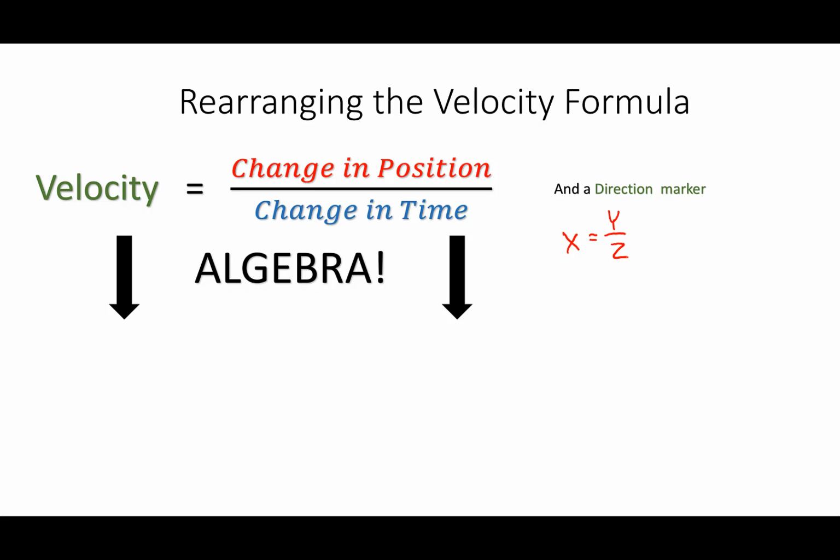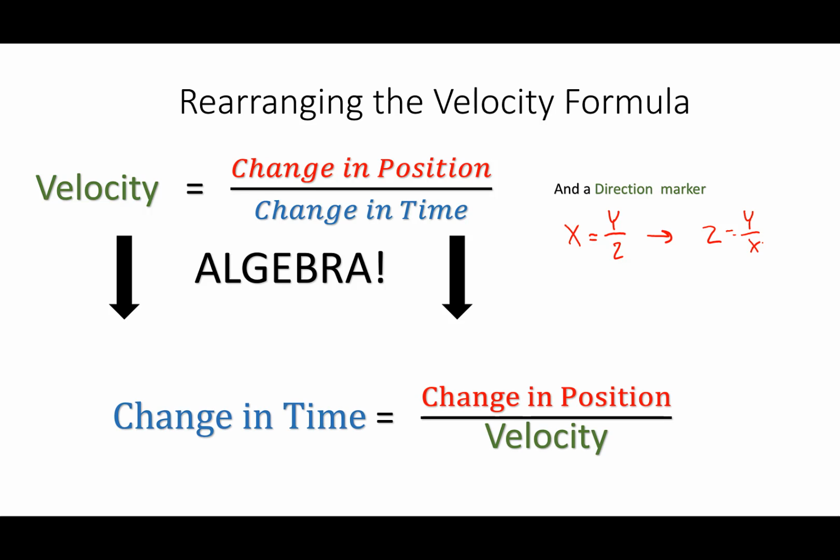And you remember what to do: you can just take this and flip them. Just make them switch places. So if you have x equals y over z, you can turn that into z equals y over x. So what you would get is the change in time equals the change in position over the velocity, because this and this just switch places.